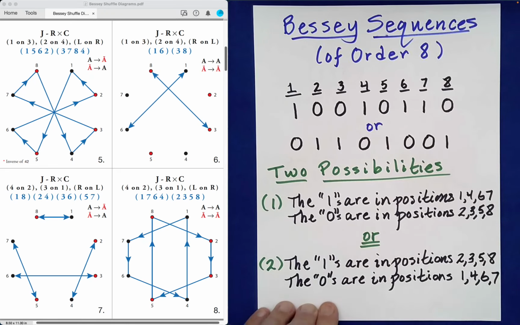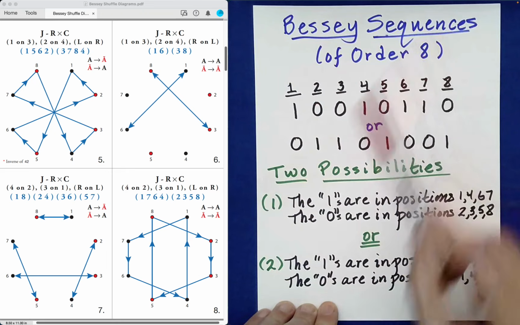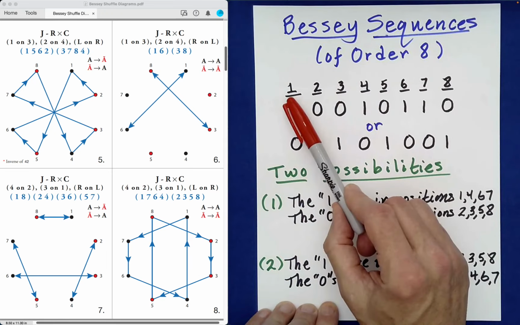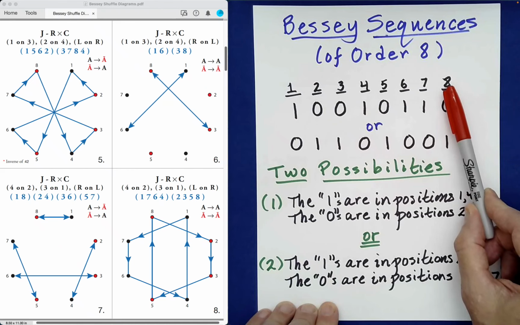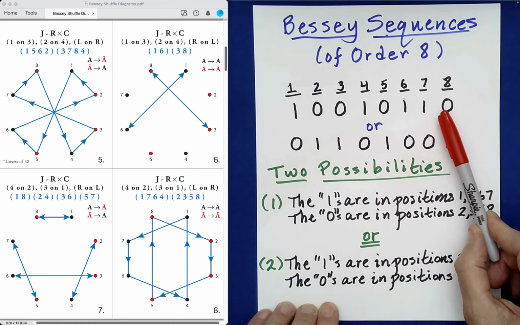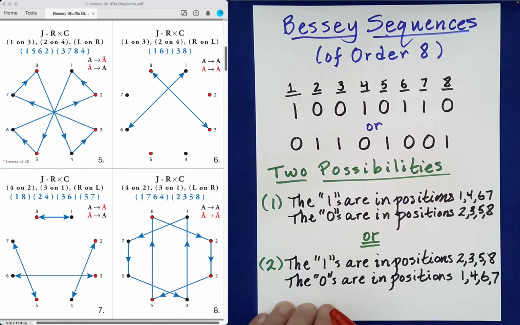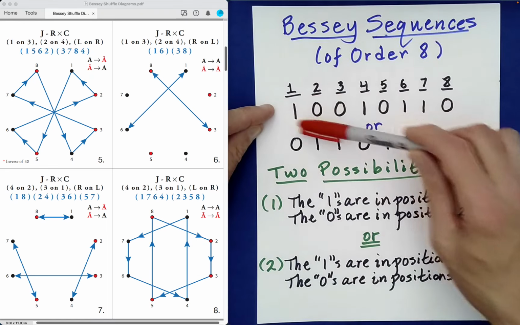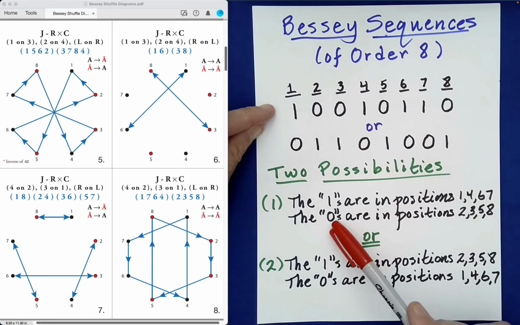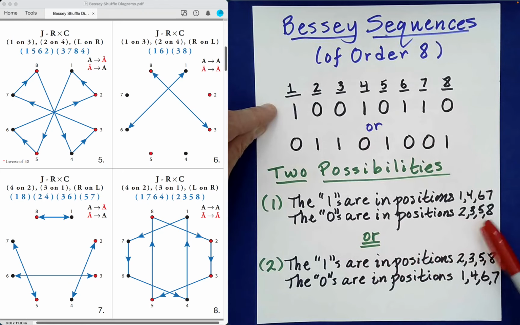To tie in the notation of Bessey sequences on this playlist, recall that if we label the positions 1 through 8, the digits 0 and 1 for a Bessey sequence will satisfy one or other of these two possibilities. The ones are in positions 1, 4, 6, 7, as is the case in the top Bessey sequence right here, and the zeros are in positions 2, 3, 5, 8.